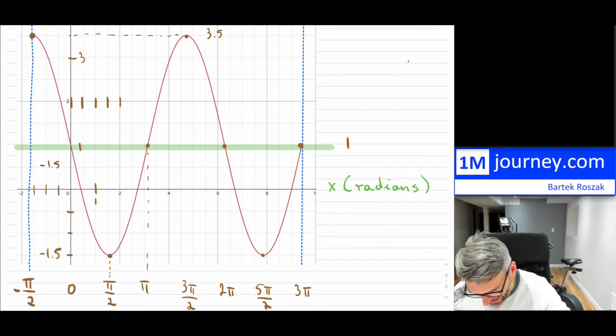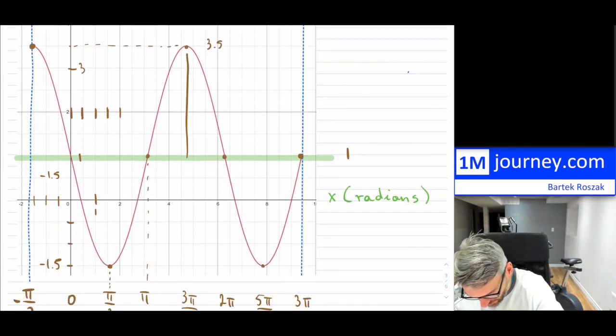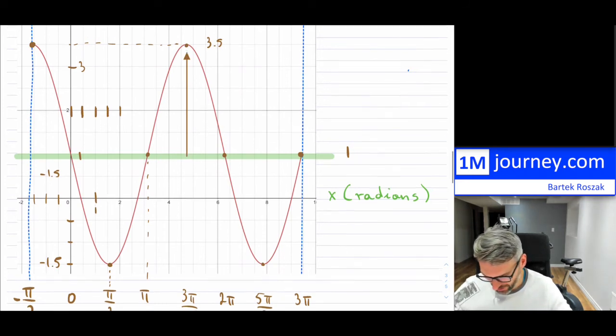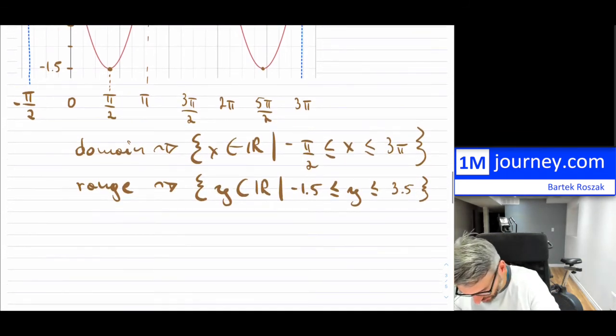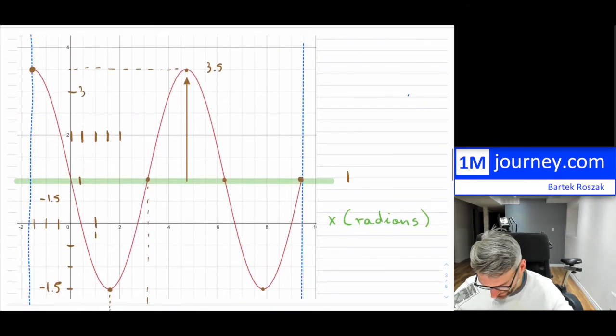Which means my amplitude is 2.5. So 3.5 plus the 1.5, that's 2.5. So that's my amplitude, which is 2.5. Okay, great.